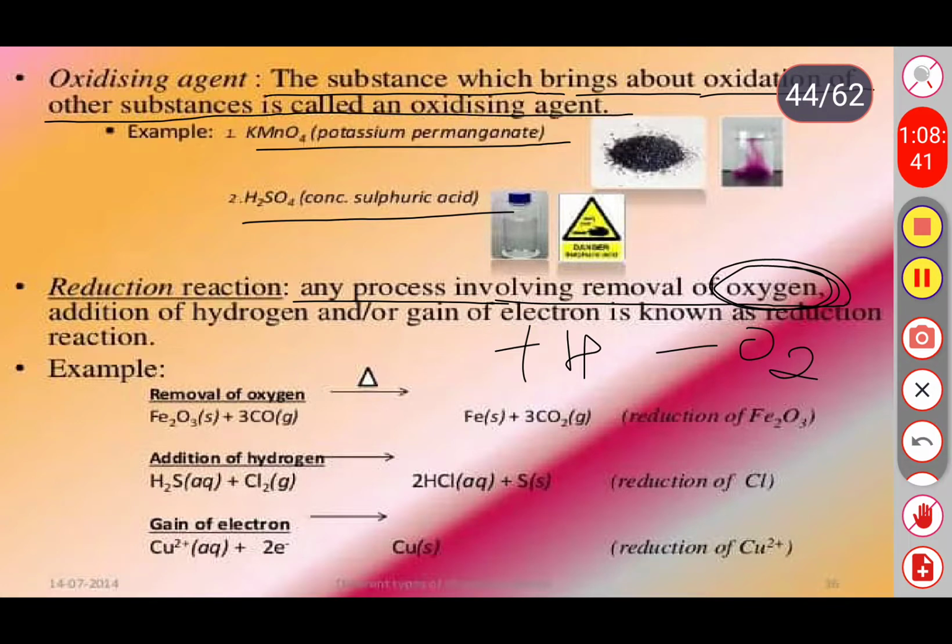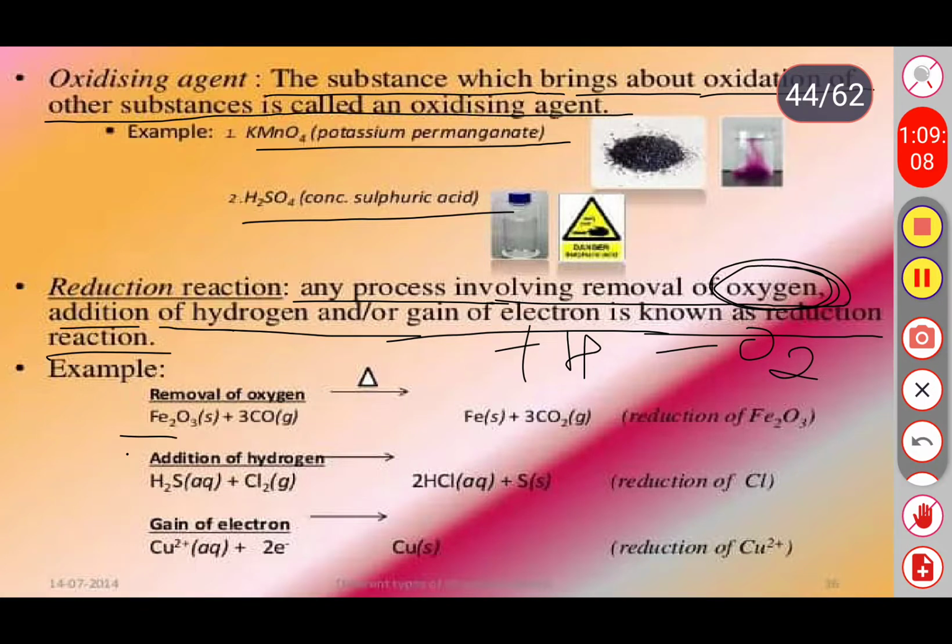So see some examples related to the reduction reaction. Iron oxide, Fe2O3, combined with carbon monoxide, what does it form? Here oxygen gets combined with the carbon monoxide and finally it forms carbon dioxide.